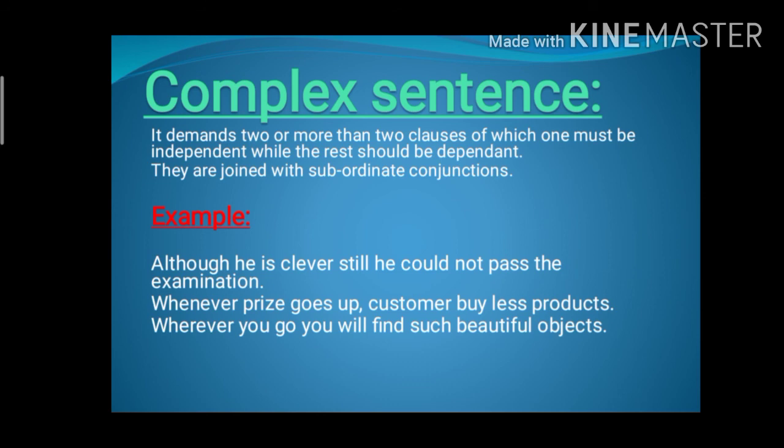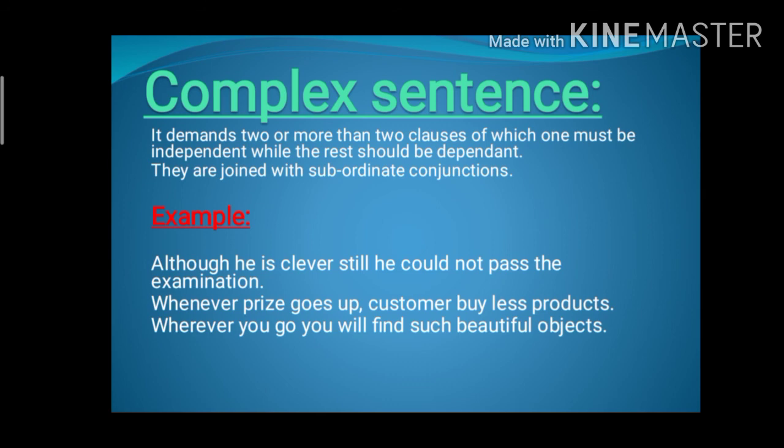Here our second part, customers buy fewer products, is an independent clause, because it stands alone and conveys a specific, complete meaning. Whereas our first clause, whenever prices go up, what happens? Here it doesn't convey the proper or specific meaning. So we can say that our first clause is dependent, whereas our second clause, customers buy fewer products, is independent. So we can say that this one is a complex sentence.